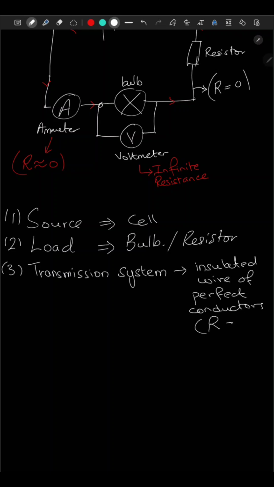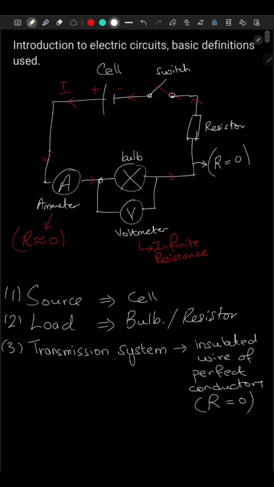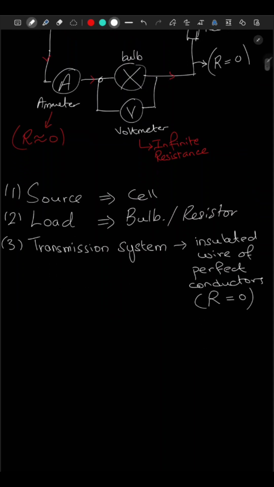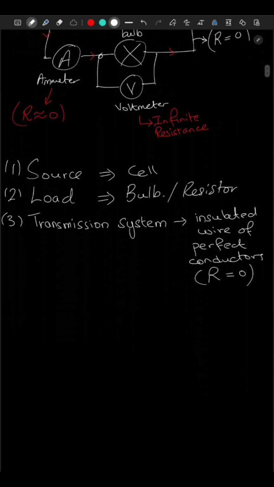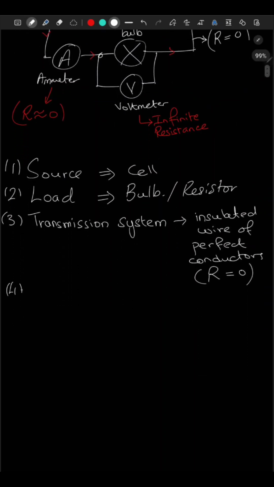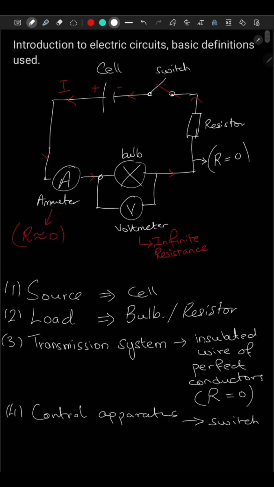That is, the resistance of the wire must be zero. And lastly, it must have a control apparatus. For example, the switch can be on or off.